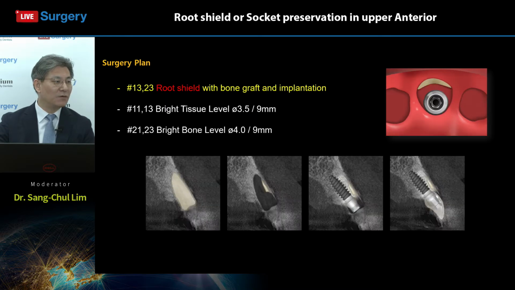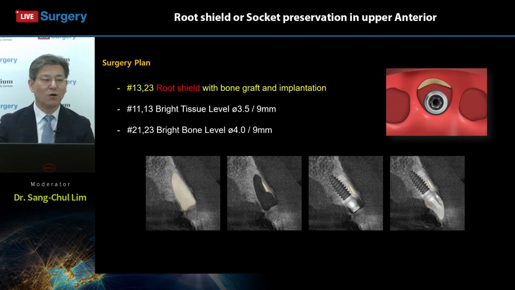About number 13 and 23 area, the canine area, will be installed with the Bright tissue-level implant. This time, Dr. Chung planned for a tissue-level implant. So, a very interesting situation: bone level and tissue level of the same system, the Bright brand new system.